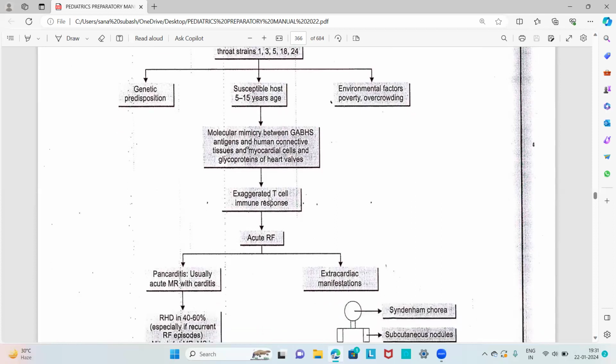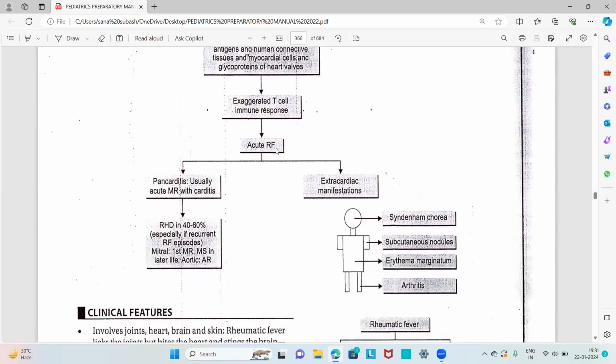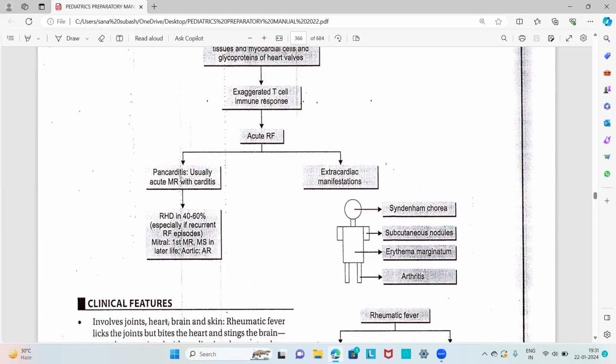So there will be an exaggerated T cell immune response that results in the production of acute rheumatic fever. Because of this, there will be heart wall damage, or the entire cardiac wall will be affected. That results in pancarditis, usually acute mitral regurgitation with the carditis. Rheumatic heart disease happens in 40 to 60% of acute rheumatic fever patients.